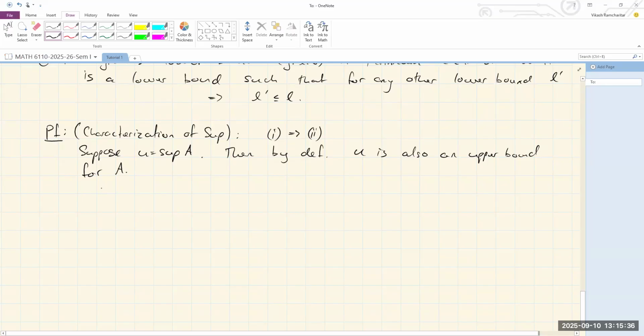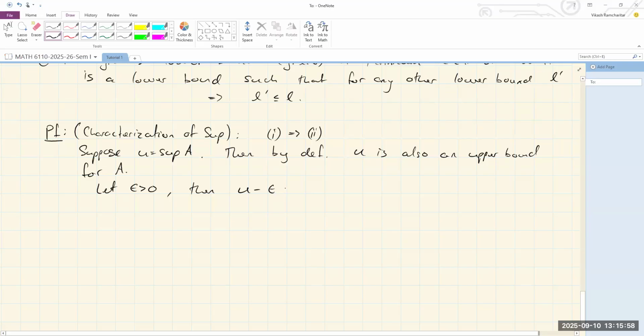Let epsilon be bigger than 0. Then I want to show that U minus epsilon is not an upper bound for the set.